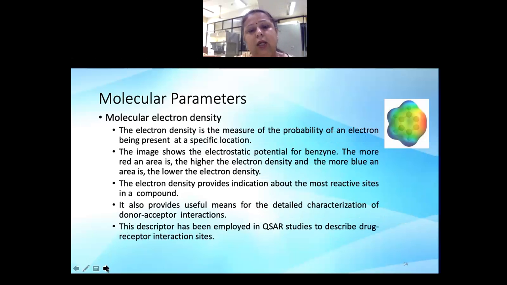Molecular electron density. The electron density is the measure of the probability of an electron being present at a specific location. Usually when you use different software, it shows you in a colored way where the electron density is the most.